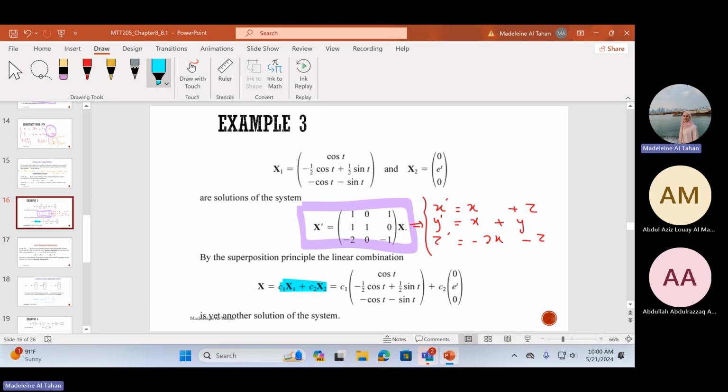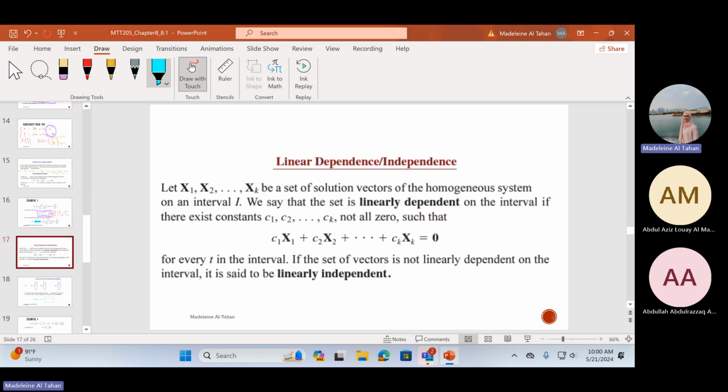Scalar multiple of each other. So these ones are independent of each other. If I told you 0, 2 times e to the t, 0, then it will be dependent. Okay, miss? Now, how do we determine dependency and independency? As we took in linear algebra, this one should have what? Trivial solution only.